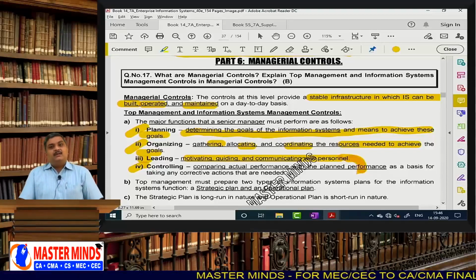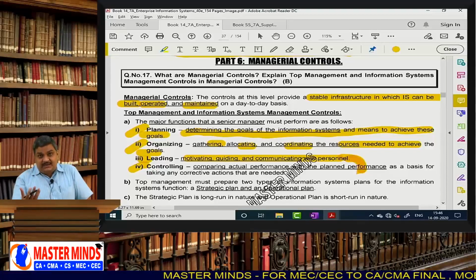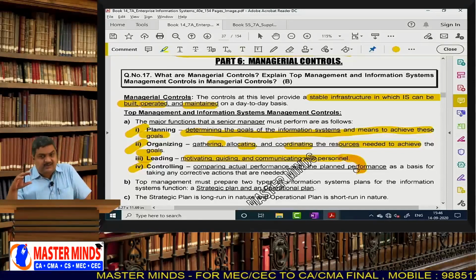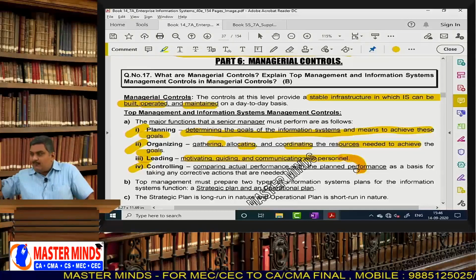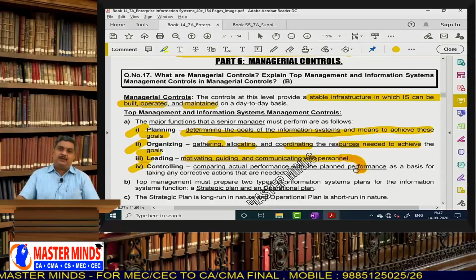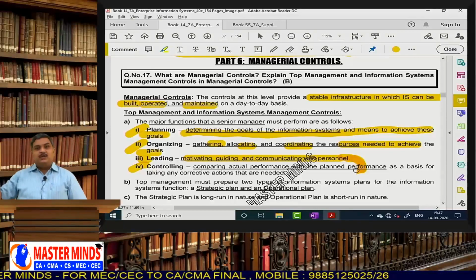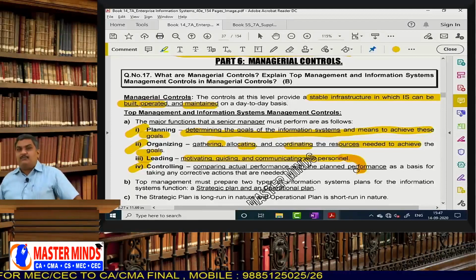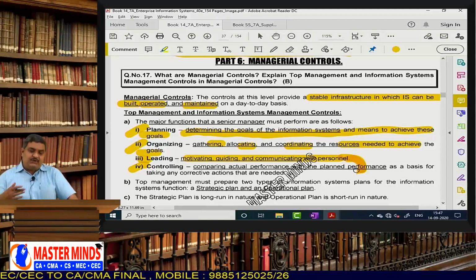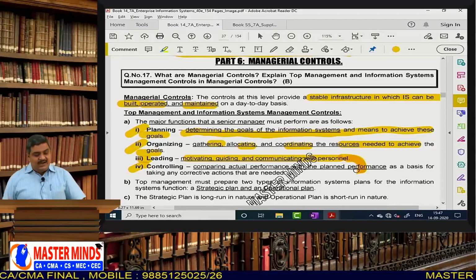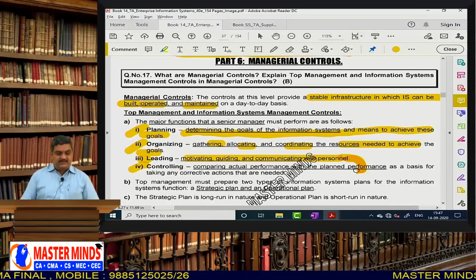That means the steering committee, which was appointed by the top level management, has to continuously monitor whether the information system building process is continuing properly or not, is done properly or not. If in some areas it is not done properly, then you have to motivate the people, you have to lead the people, and you should make them work on time. So this leading and controlling works like that.